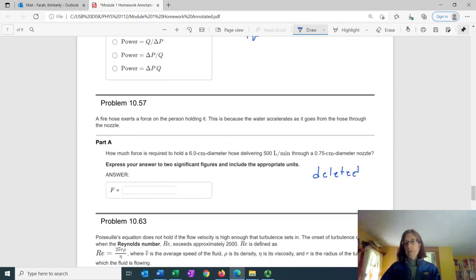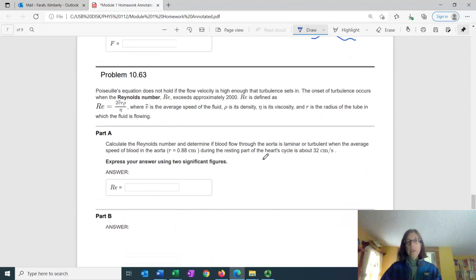Problem 10.57 I've deleted. It's quite involved, so don't worry about that. Problem 10.63 is asking you to determine whether or not flow is turbulent or laminar. Remember, laminar is a smooth flow. Turbulent, obviously, is not smooth. And for the Reynolds number, if the number exceeds 2,000, that is considered to be turbulent flow. So this is the equation that you can use to calculate this out.